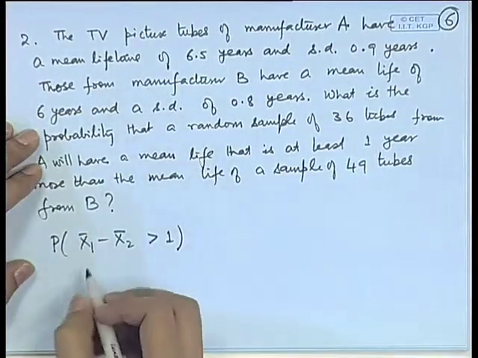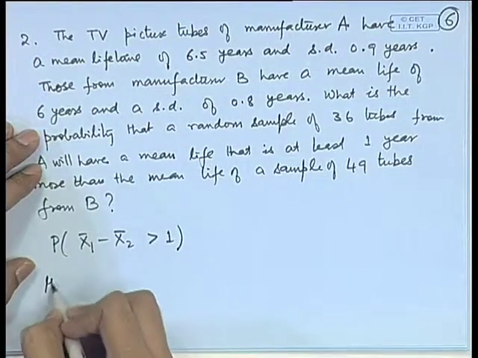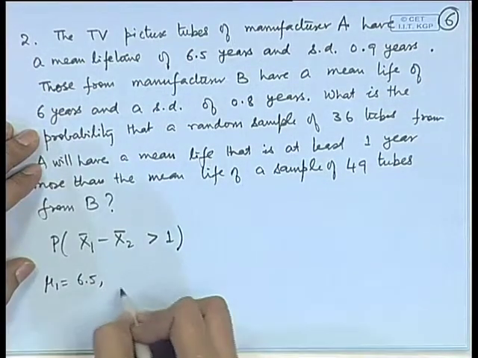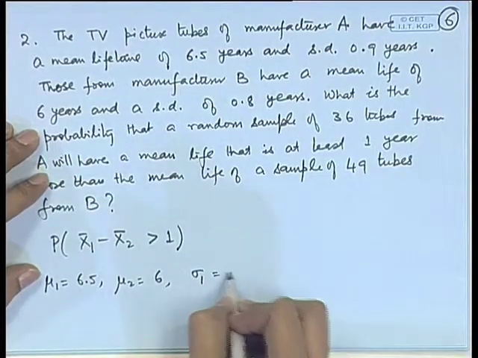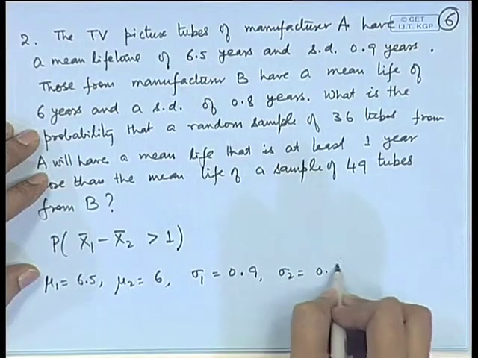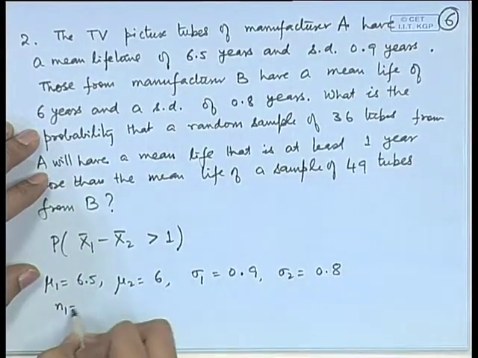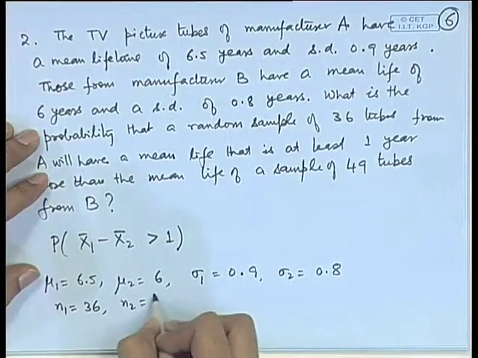Now, we look at the parameters here: mu_1 is 6.5, mu_2 is 6, sigma_1 is 0.9, sigma_2 is 0.8, n_1 is equal to 36 and n_2 is equal to 49.